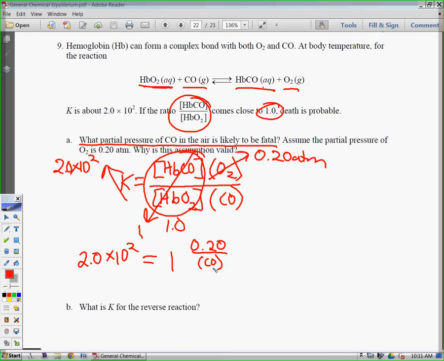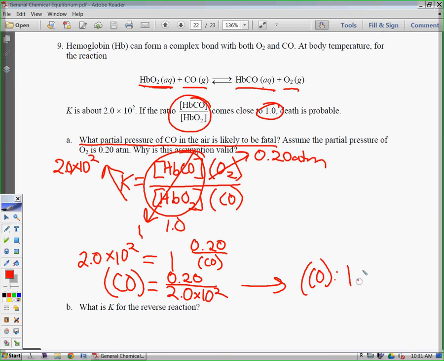So when we try to solve this for CO, we're going to get the amount of CO is equal to 0.20 over 2.0 times 10 to the 2. And so therefore, the amount of CO is equal to 1.0 times 10 to the negative 3 atmospheres.